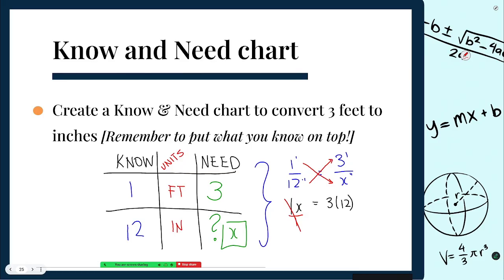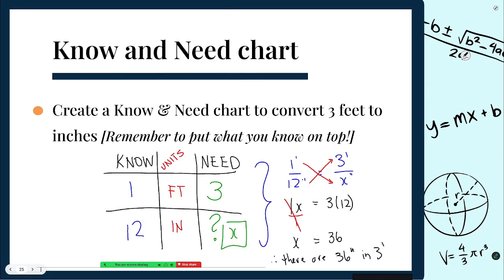You divide it out, it cancels out, and that leaves us with just x. X equals 3 times 12. 3 times 12 is 36. Therefore, x equals 36. So we know there are 36 inches in 3 feet.